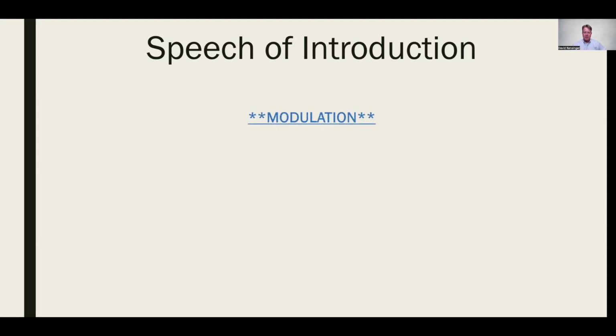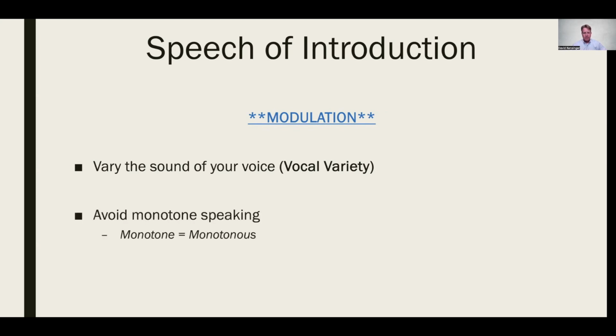All right, let's move on to number 4, a fancy word here, modulation. What does this fancy word mean? Well, all it means is vocal variety. Modulation is moving our voice around, varying the sound of our voice so it doesn't sound monotone. We want to avoid that monotone, that flatline way of speaking where there's no variation to the sound of our voice.